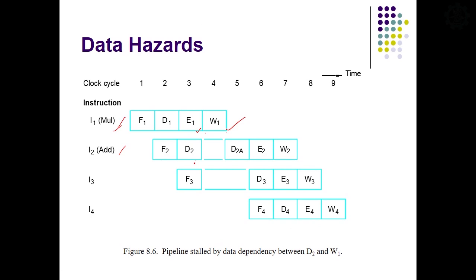Therefore, the second instruction should wait until it completes. After completion, it will fetch the operand A. So, one cycle will be stalled, the pipeline will be stalled. I stop at this point.